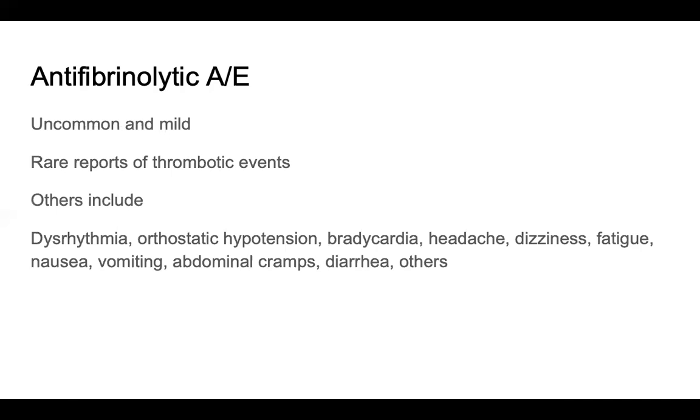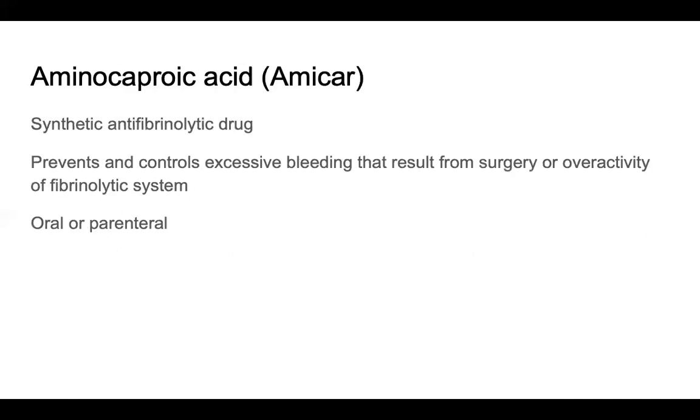Aminocaproic acid is one that we may give. So antifibrinolytic is going to prevent bleeding. So we would give this drug to prevent and control excessive bleeding that results from surgery or an overactive fibrinolytic system. So if we're concerned about bleeding too much, this would be an indication for an antifibrinolytic. Aminocaproic acid is an antifibrinolytic.